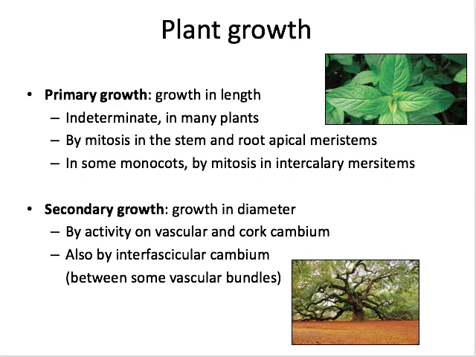For example, trees with their woody trunks will often grow by secondary growth. This is by the activity of two different types of meristematic regions, including the vascular and cork cambium. It's also by some meristematic regions between some of the vascular bundles called the interfascicular cambium.